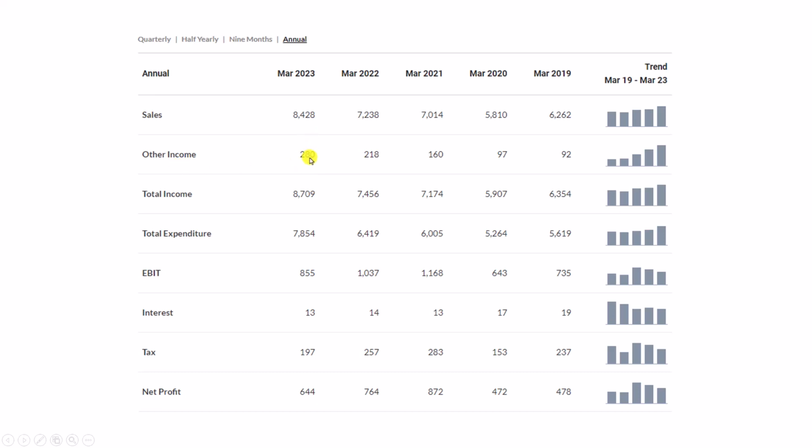Now this company might have rented out a building to a different company, or this company might have invested money in a different company and they are getting returns on investment. That would come here. They might have bought shares of a company and that may have given dividend.